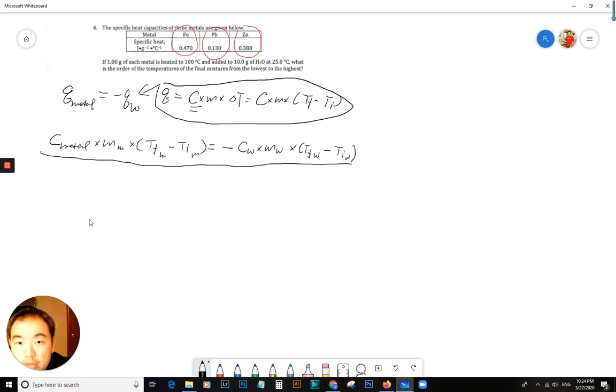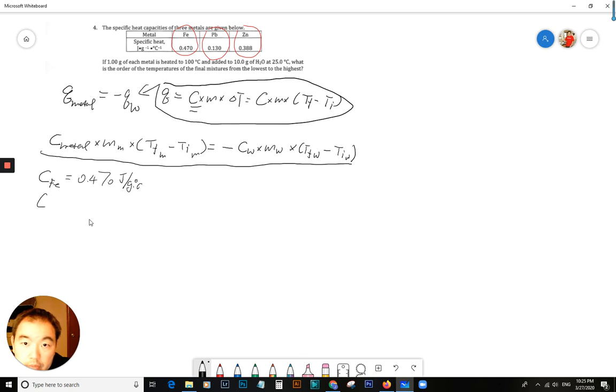I strongly recommend you write down the initial parameters here, and then you know what we are missing, what we need to solve. For the specific heat of the metal, we have three metals. We have iron, which is 0.470 joule per gram per Celsius.